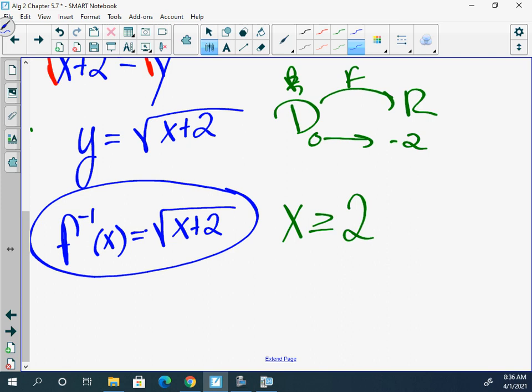So when we switch it for the inverse, we go this way. Okay, so it's fine. Because that's what I was worried about, is having this negative number in the range going back out, because what do we have at the end of our answer? The square root. And we don't need a negative in it, but negative 2 plus 2 is 0. So we're good.